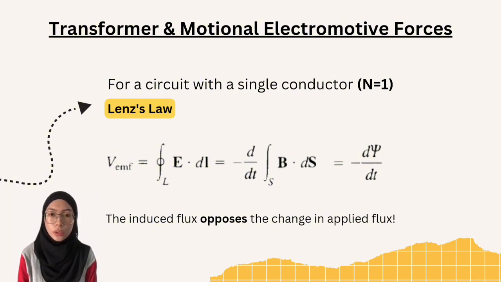This equation, also known as Lenz's law, in terms of E and B, can be written as the integral of E dot dl around a loop is equal to the negative time derivative of the total flux through the loop. Note that the negative sign in this equation means that the induced voltage will create a magnetic flux that is in the opposite direction from the change in applied flux.